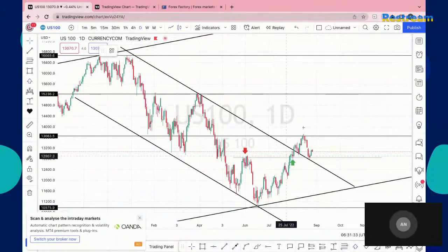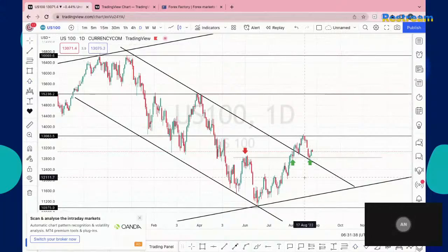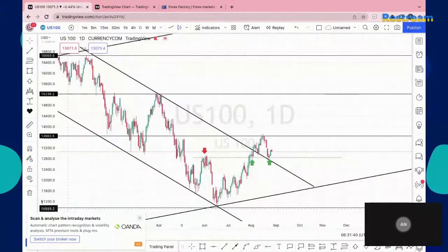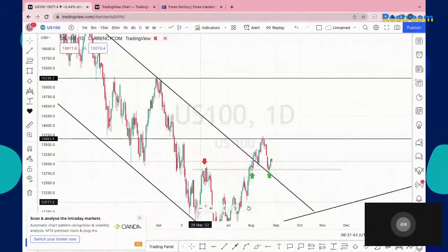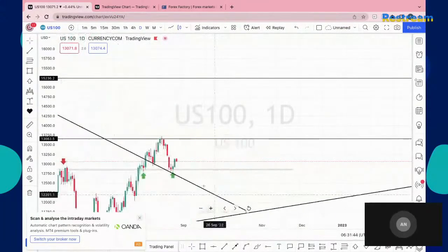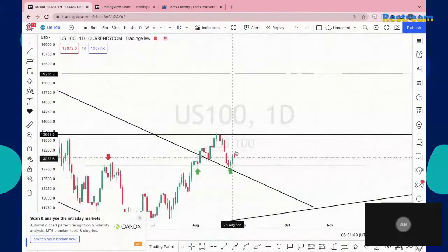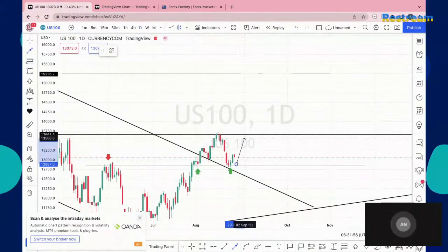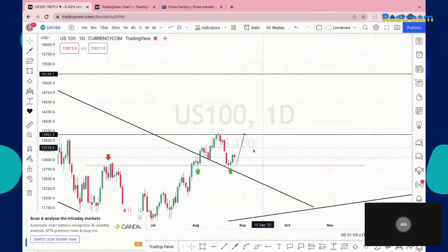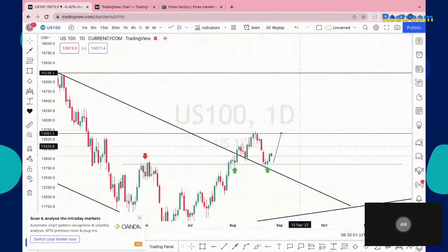But then we broke out of the trend line also, so we came to retest the trend line. So another support retested. Already, if we look here, we've got two bullish strong candles. So the possibility of this push up is very high, back to 1366.3.5.